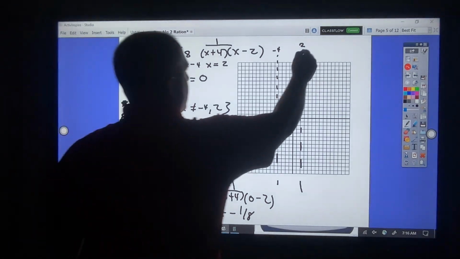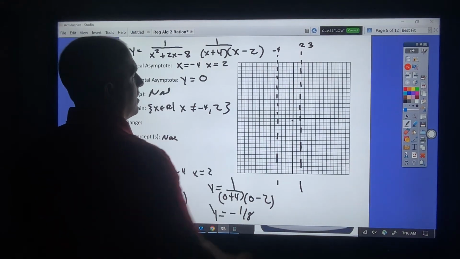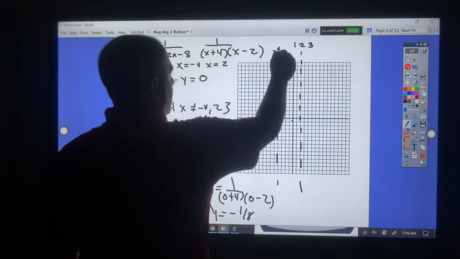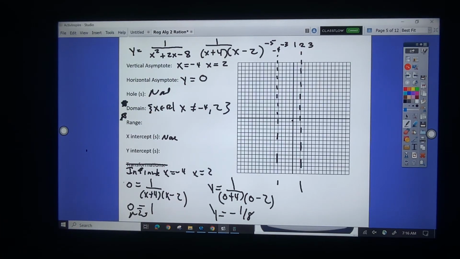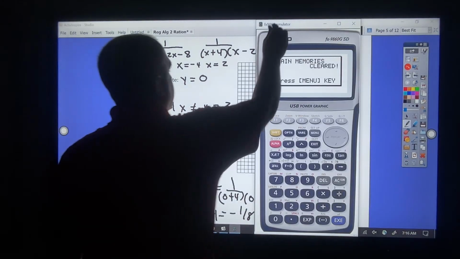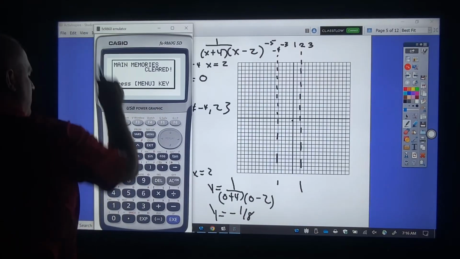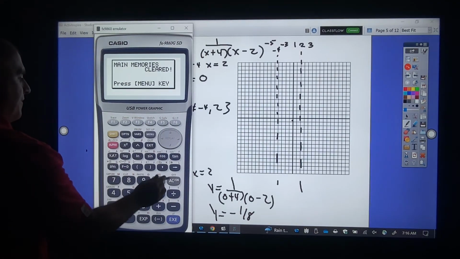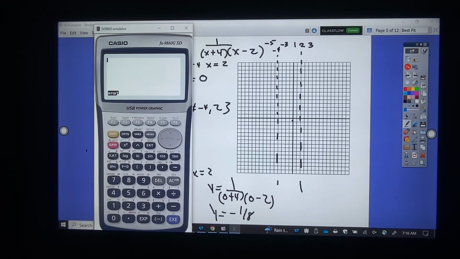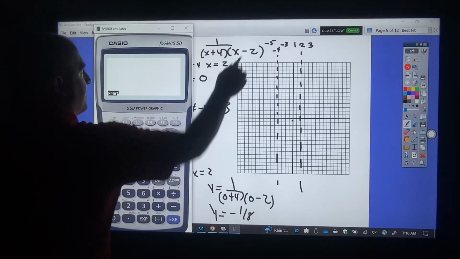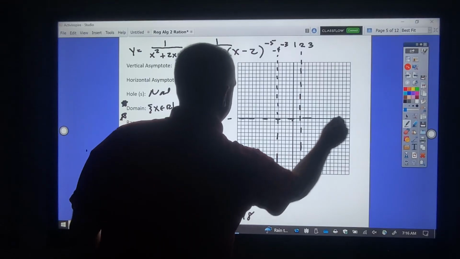So I got to put 3 in. So look, I got some numbers I got to put in. All right, I'm going to use my calculator for this, okay? All right, so what I'm going to do is I'm going to go ahead and put some numbers in to my function and see how they shape out. Okay, all right. So if I put -5 in, okay, because I got this.